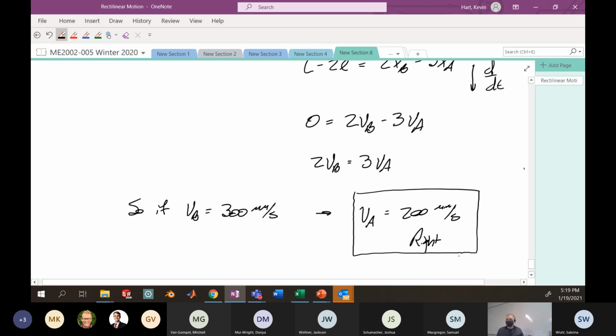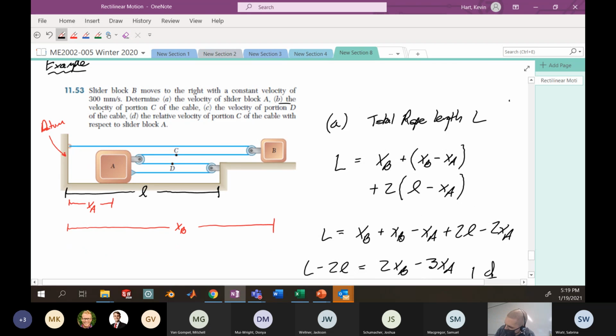Both generally moving in the same direction. So a little bit tricky here trying to set this guy up. Tricky, tricky, tricky. All right, let's continue with the problem.